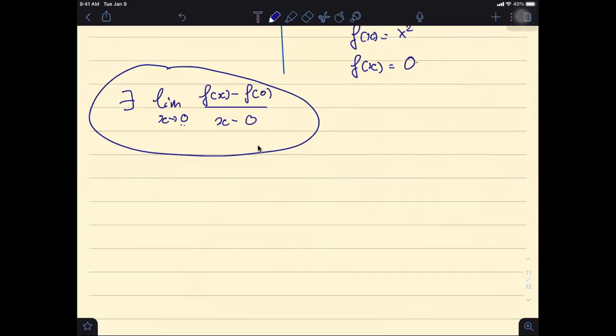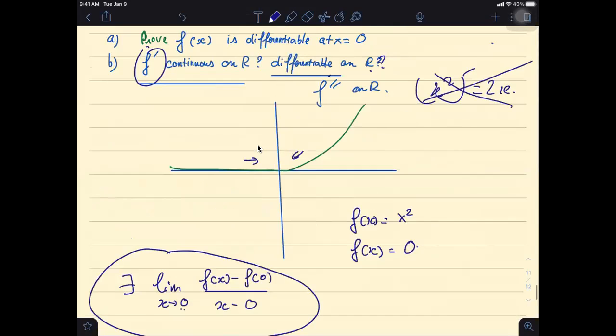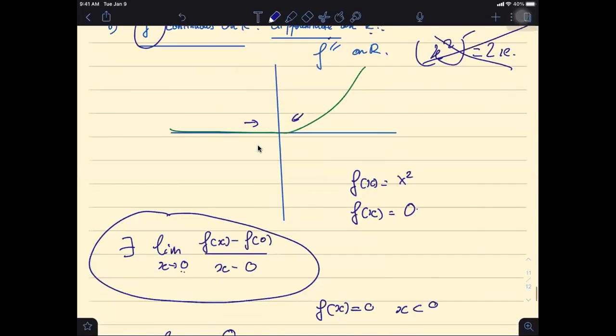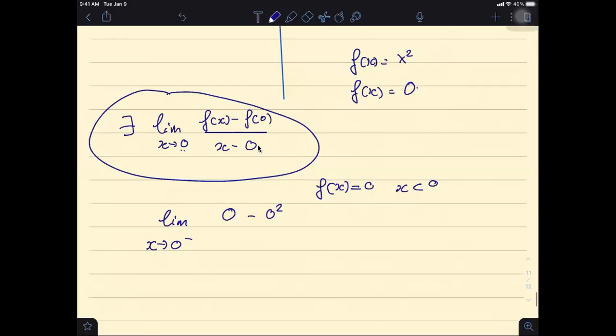So let me try it out. If x goes from the left, then the limit of this one gonna be 0, because f of x equals 0 when x is less than 0, right? Minus f of 0. What is f of 0? It's 0 as well, right? 0 squared is 0.